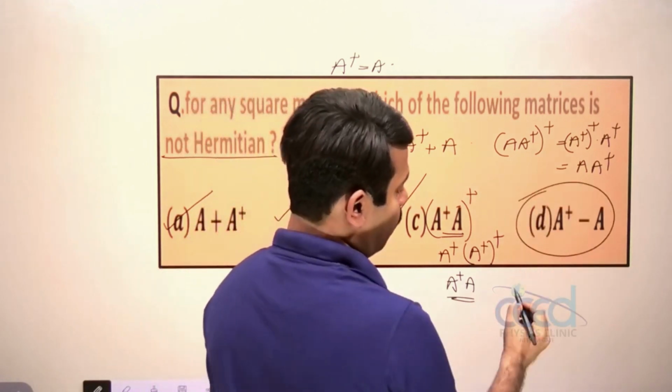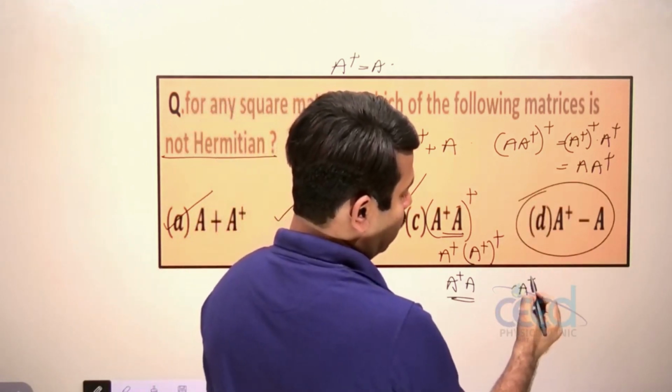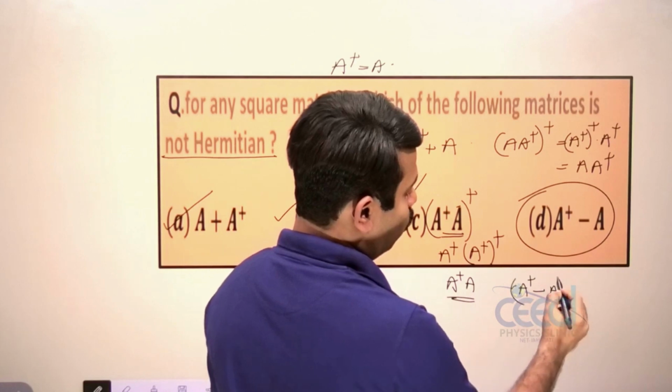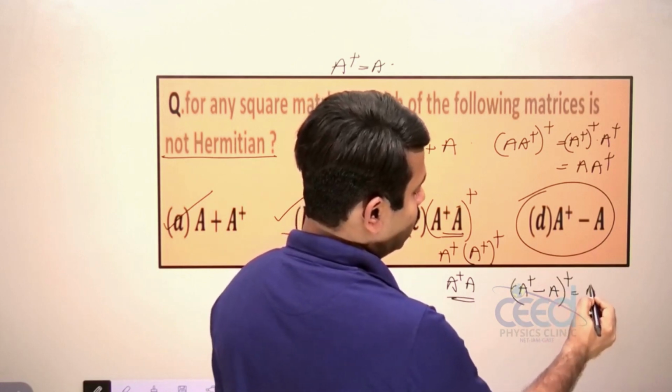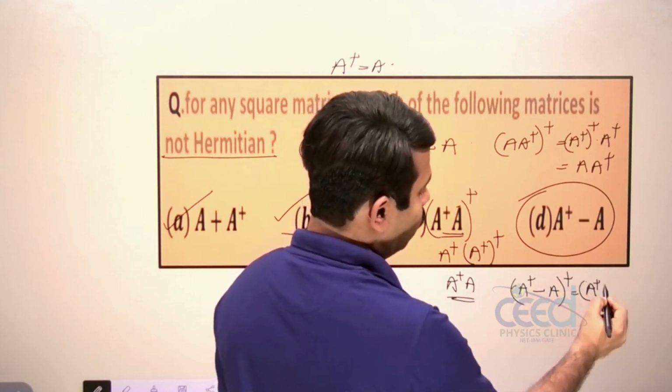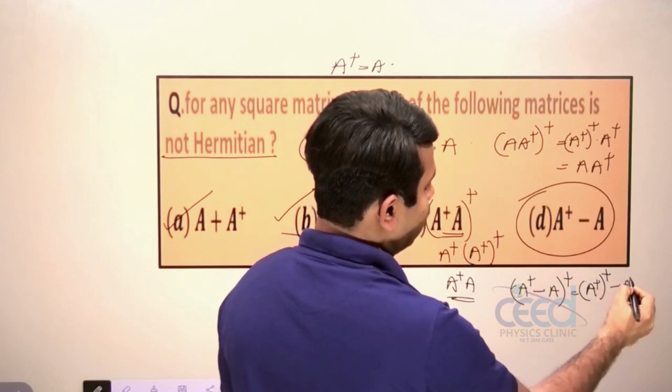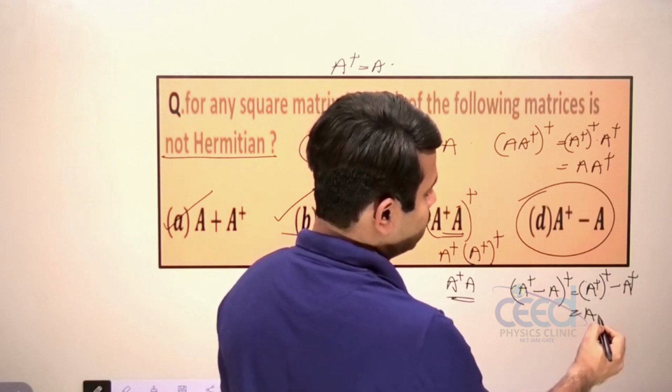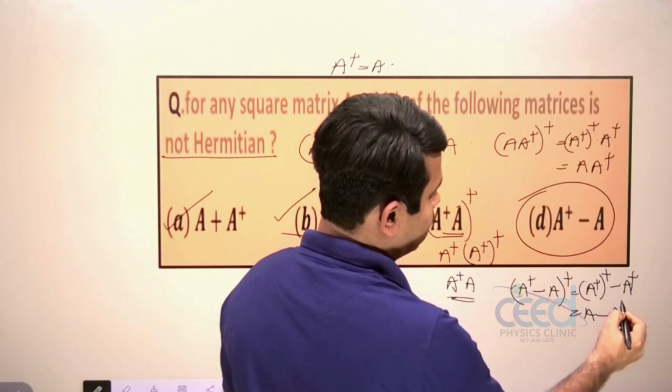Now check this one. A dagger minus A, whole dagger, is equal to A dagger whole dagger minus A dagger. This is A minus A dagger, right?